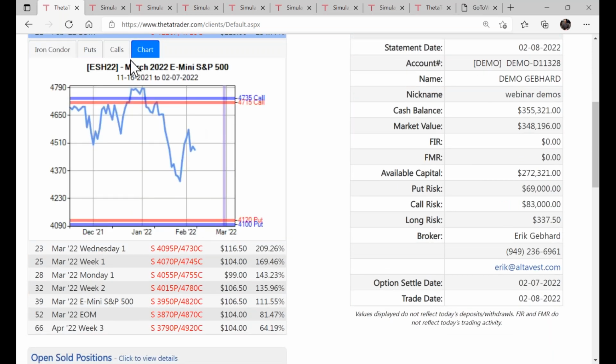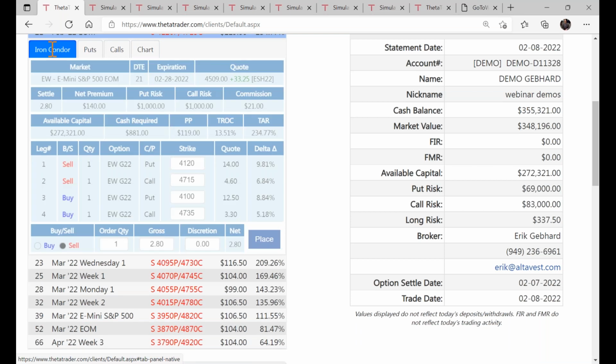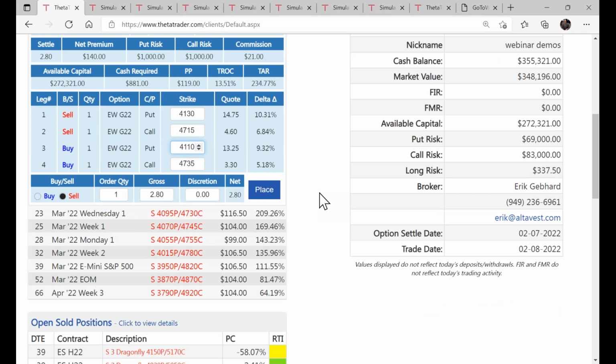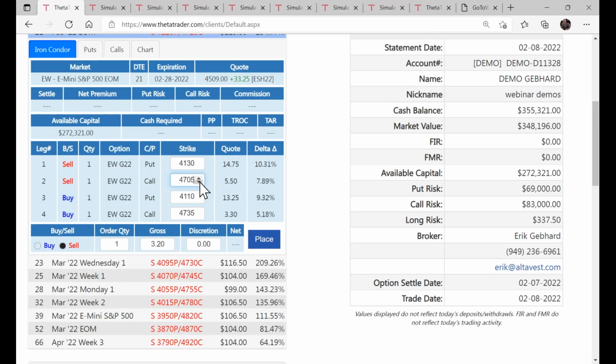Here are the strikes the algo has chosen. You can change the strikes, but it's going to kind of upset the apple cart, so to speak. See, it changes all the dynamics. So you can change it and modify it. Certainly you can do that.